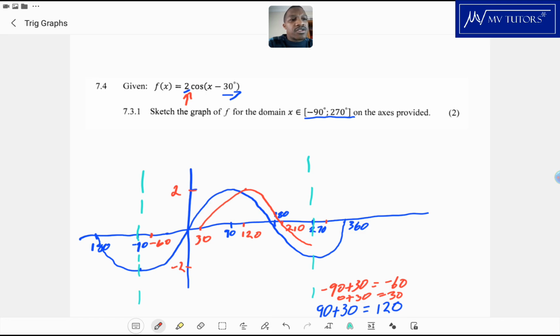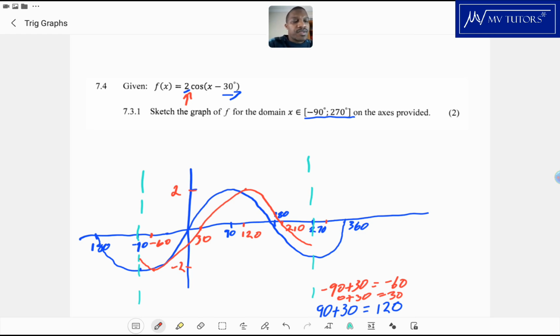Bam, and then it's going to stop there. And then this side, it's going to continue like this. No. Remember, at minus 60, it should actually be minus 2. So it's going to go like that. Bam.